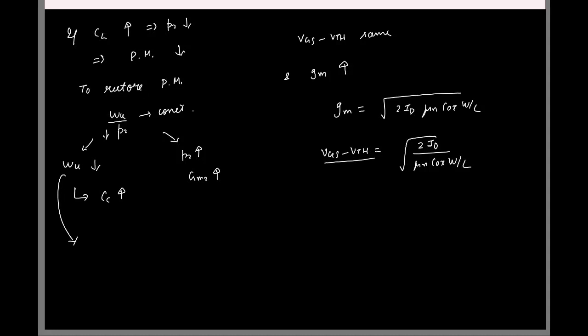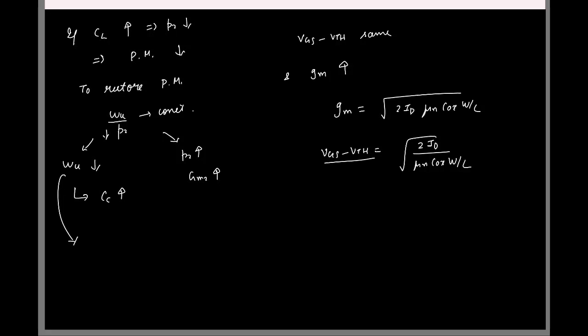You can see that GM will increase if you increase current or W. But I want to also keep this constant. So what should I do? Increase both ID and W. I should increase both current and W. So this way your GM will increase, and your operating point voltages will not change. So that will be fine.